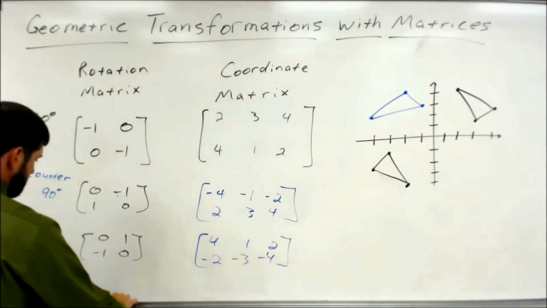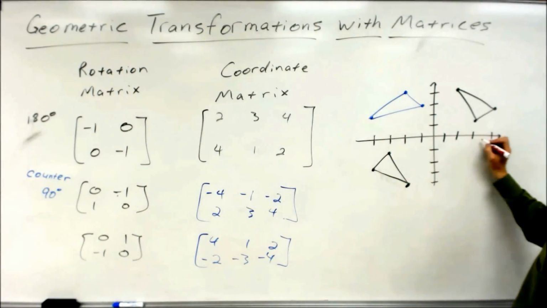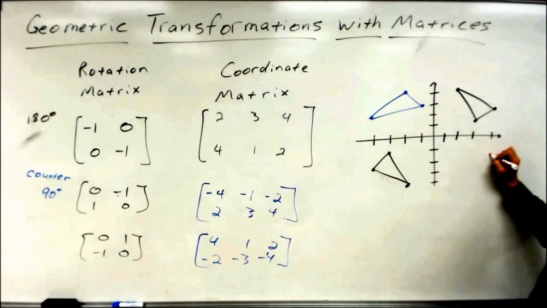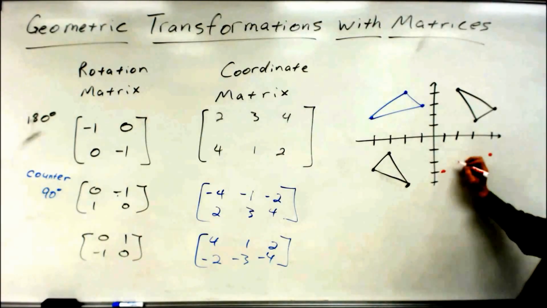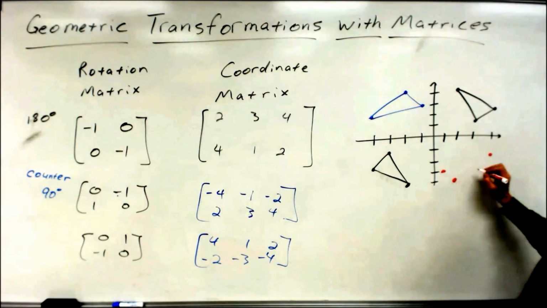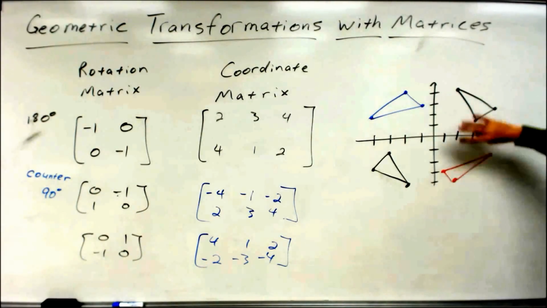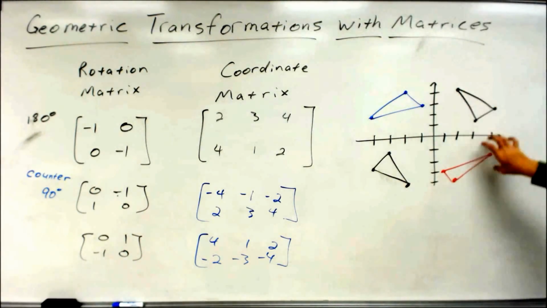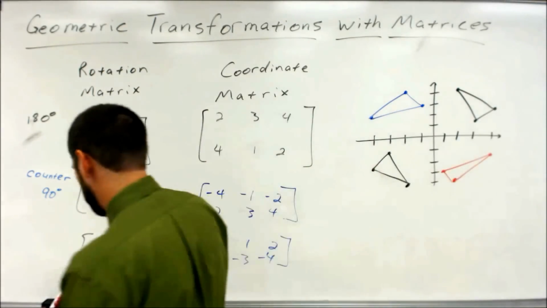When we graph this, over 4 down 2, over 1 down 3, over 2 down 4. Still the same figure. All we've done is rotated it 90 degrees. Okay, so we've gone 90 degrees clockwise.